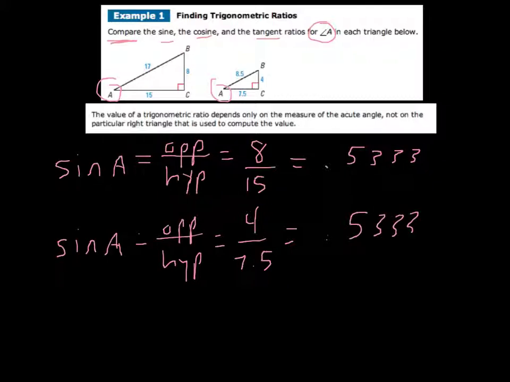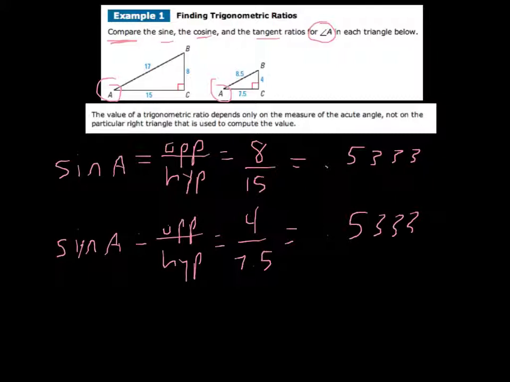0.5333, which brings us to our statement that the value of a trigonometric ratio depends only on the measure of the angle itself that you're measuring, not on the particular right triangle.